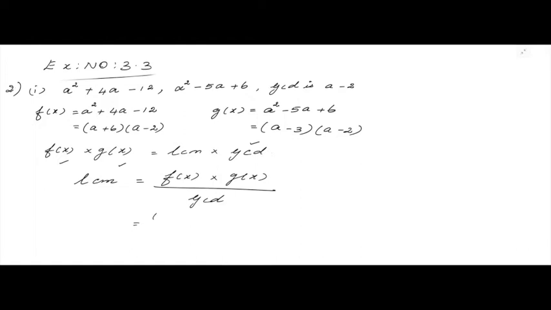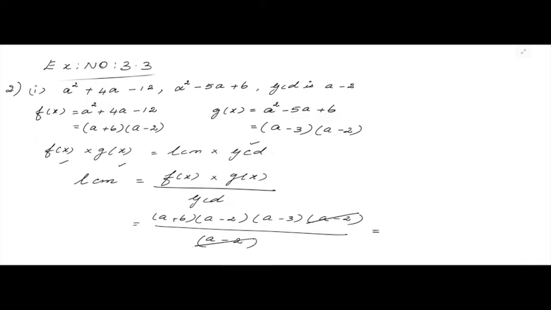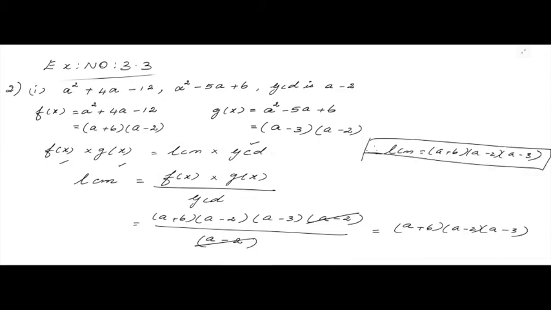It is a plus 6 into a minus 2, and your g of x is a minus 3 into a minus 2. Simplify it. So what is left out? It is a plus 6, a minus 2 into a minus 3. Got it? So this will be your LCM. Therefore, LCM is equal to a plus 6, a minus 2 and a minus 3. Right? You do the second one. You work it out and check with me.